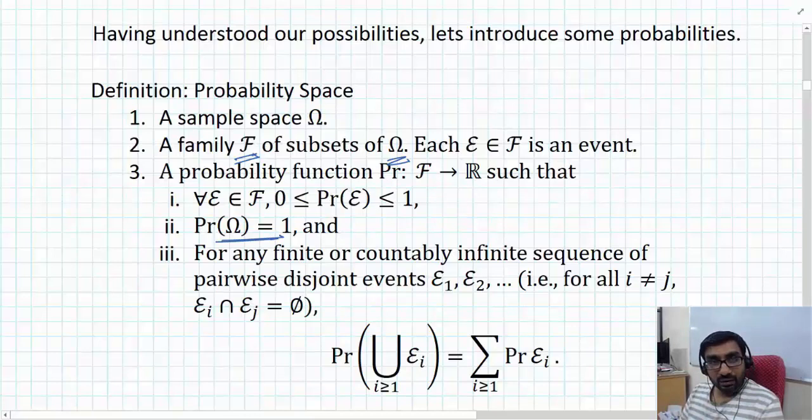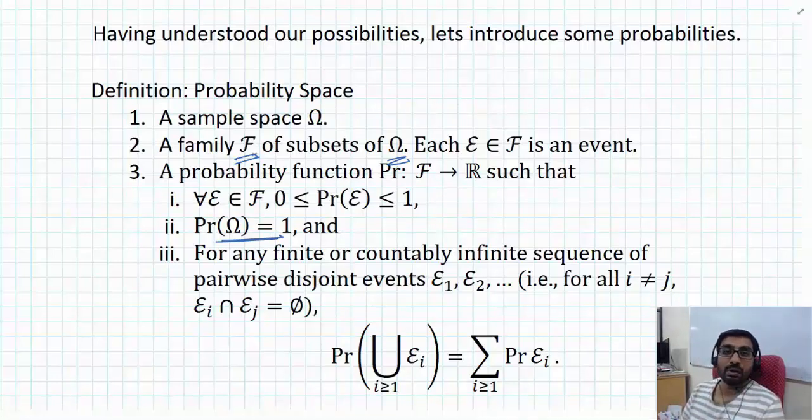And any other event must have a probability that's either 0 or something in between 0 and 1, or 1. Okay? It can never go outside of this range 0 to 1.